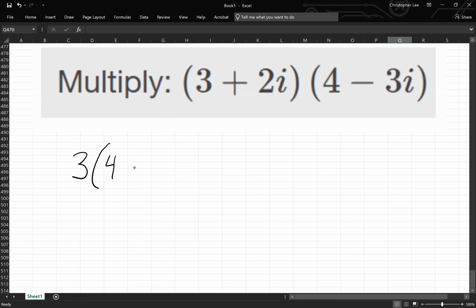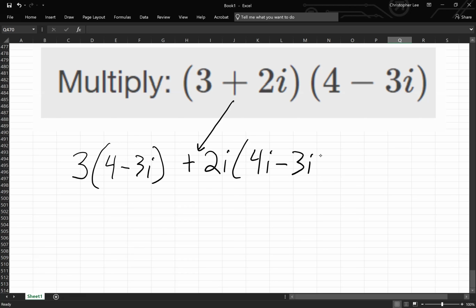I'm going to take the first term in the first binomial, multiply that by the other binomial, and then keep the same plus sign. And then 2i, and then multiply the other binomial by it, all right?